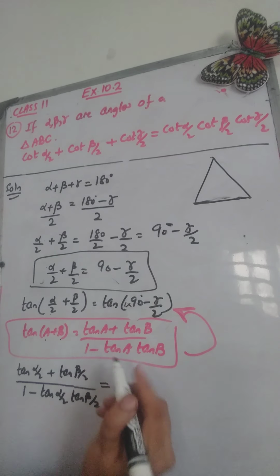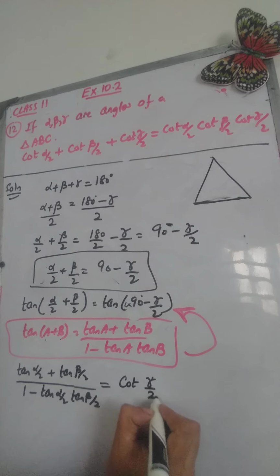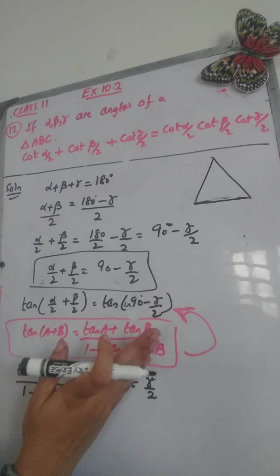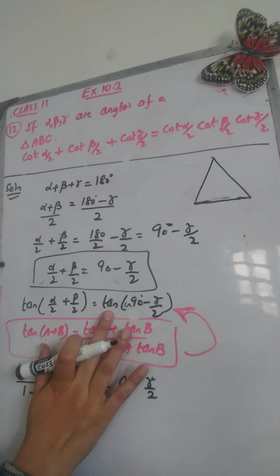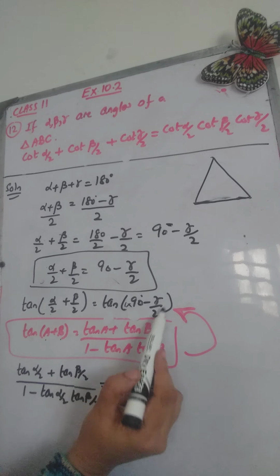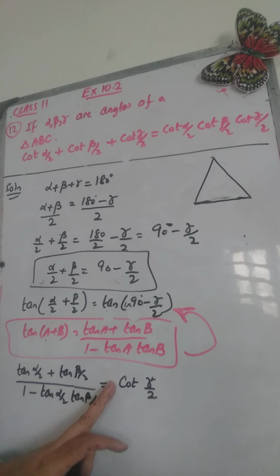So tangent will change to cot gamma by 2, and its sign will be positive because 90 minus something is in the first quadrant, and in the first quadrant all the trigonometric ratios are positive. So we put a positive sign, or no sign, which is the same as plus.